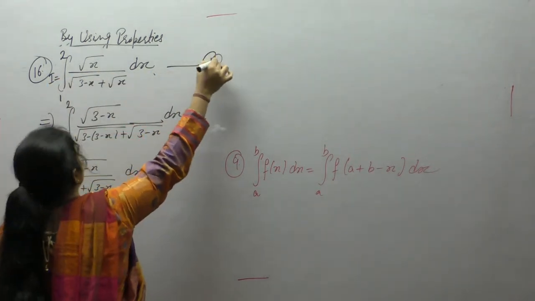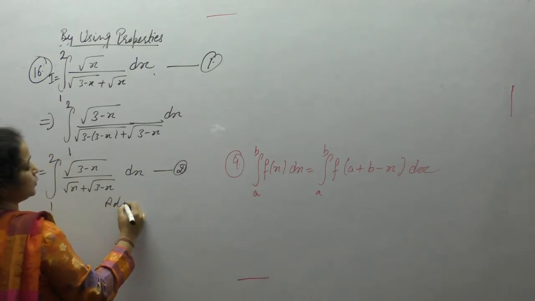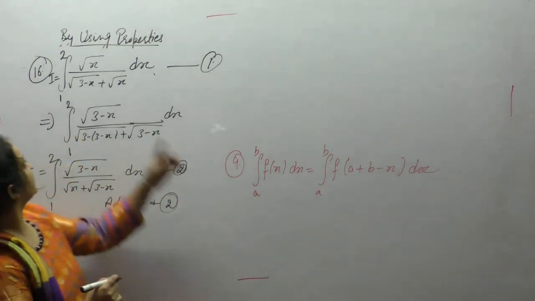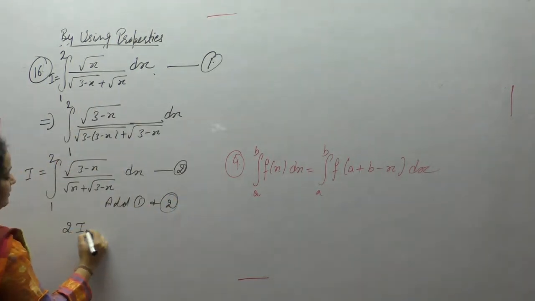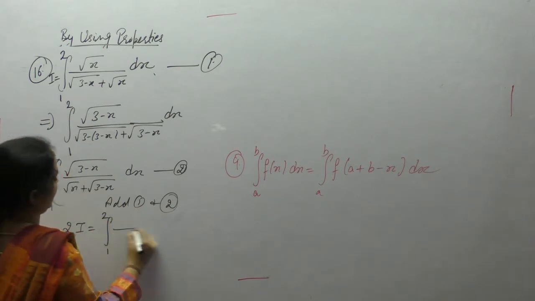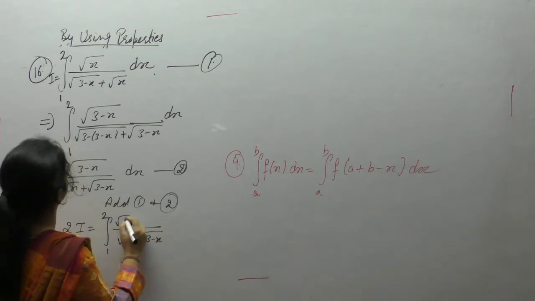Let it be equation 1 and this be 2. Now add 1 and 2. Add left hand side in the left hand side, I plus I. In the right hand side, limits are same and the denominator is also same, so just add the terms.